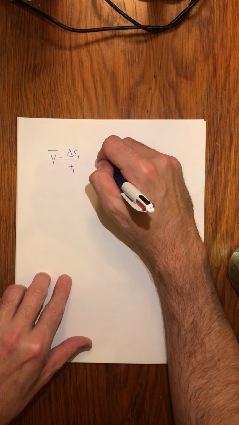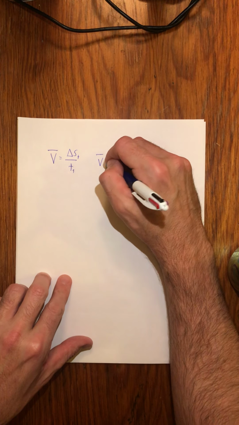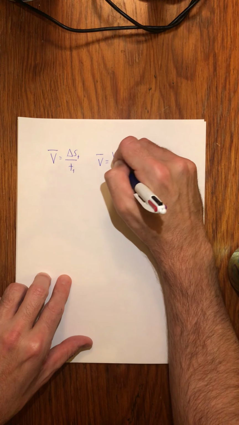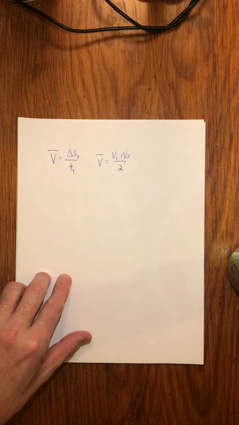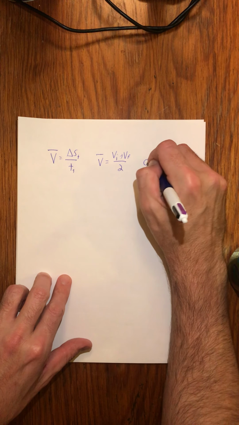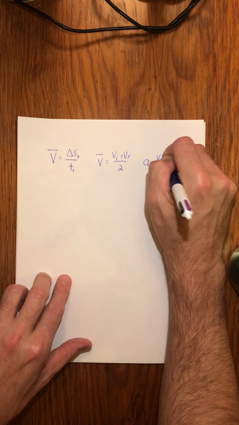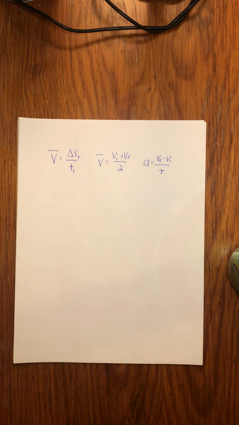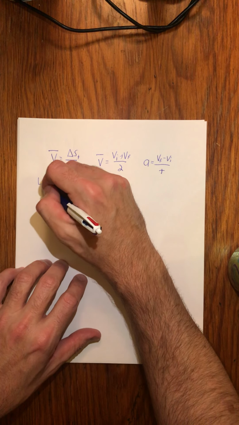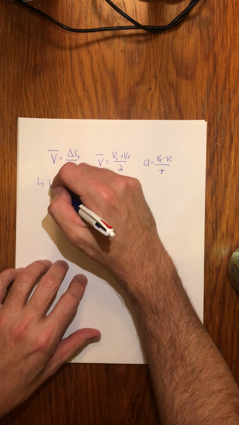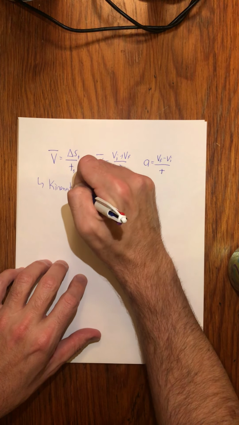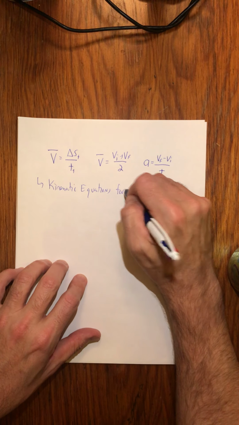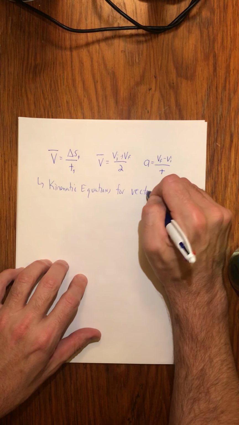We now know that average velocity, if acceleration is constant, is equal to VI plus VF over 2. And we know that the acceleration is equal to VF minus VI over T. Okay? Now, these are 3 of what are called kinematic equations for vector quantities.